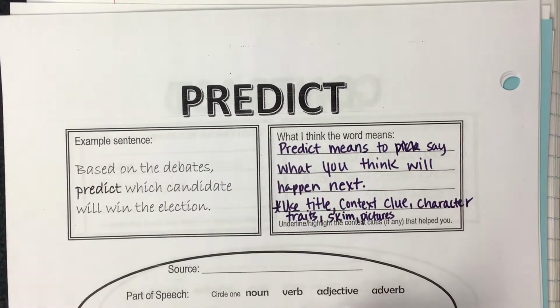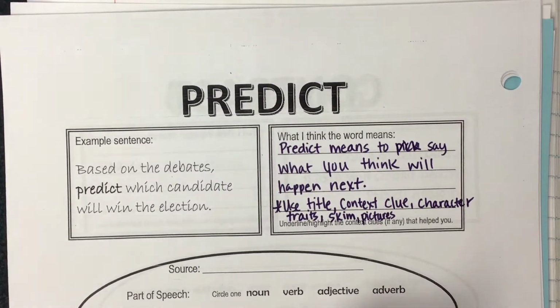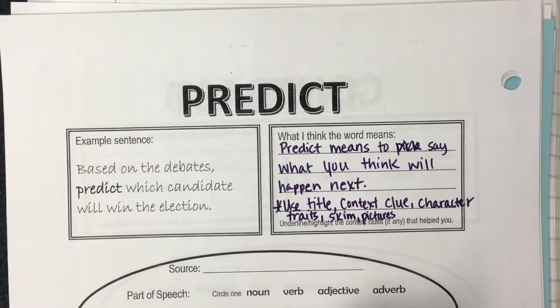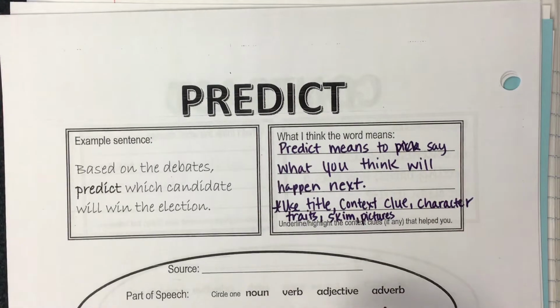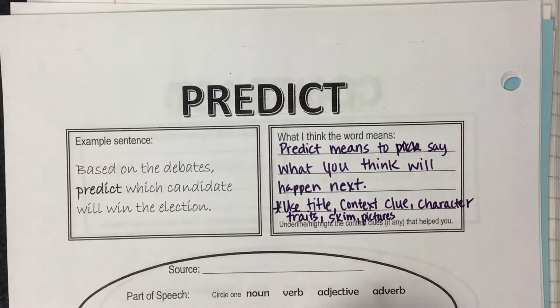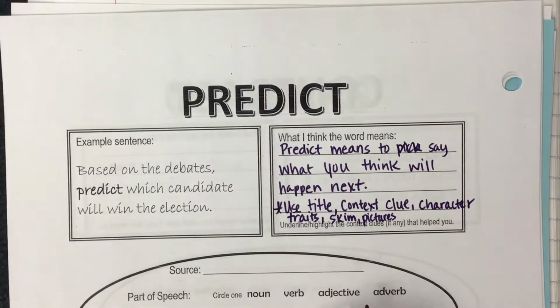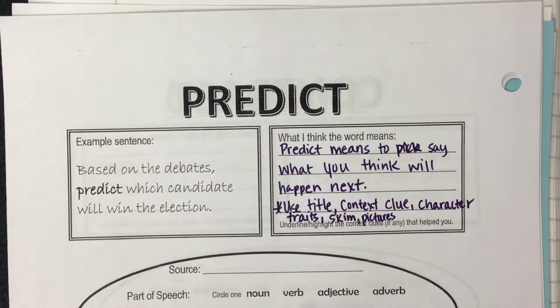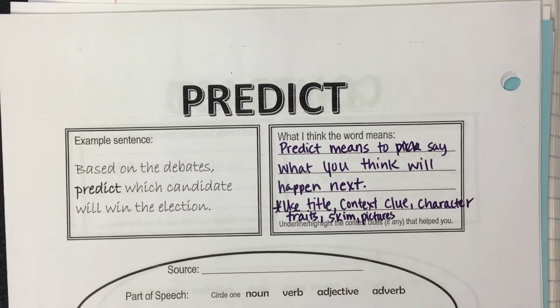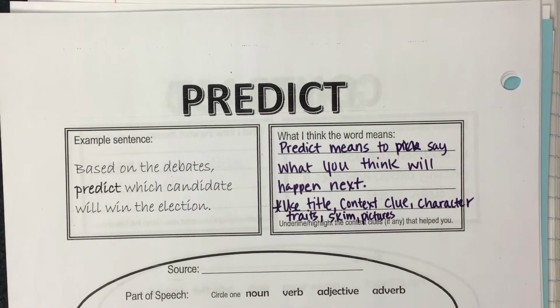If I'm reading a book like Trouble River, a lot of you in here right now are reading the book Trouble River, and I know that Dewey and Grandma are getting on this very dangerous river in this raft that Dewey made by hand. I have some background knowledge that can kind of help me to predict what might happen, because I've been on a raft on a dangerous river before. I have 3 boys.